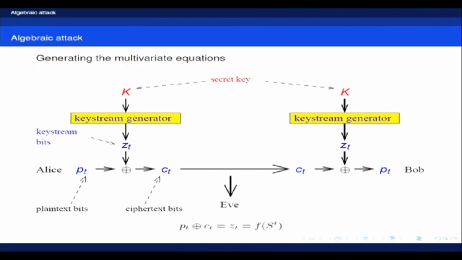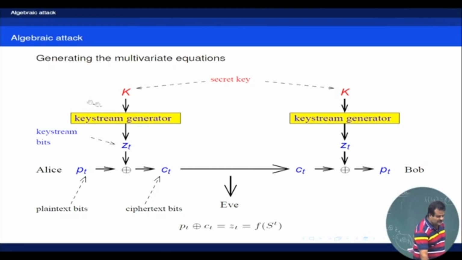Here we have a key stream generator, which is basically a finite state machine, a pseudo random bit generator. The state is initialized by the secret key shared between Alice and Bob, and it generates the key stream sequence serially. This key stream is XORed with the plaintext bit to generate the ciphertext bit, which is sent to Bob over the public channel.